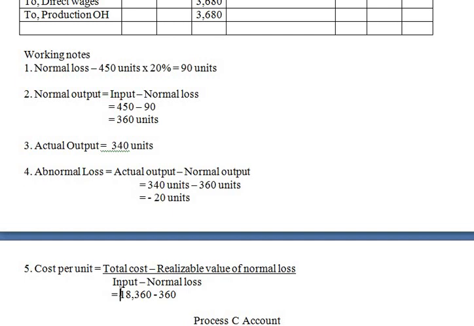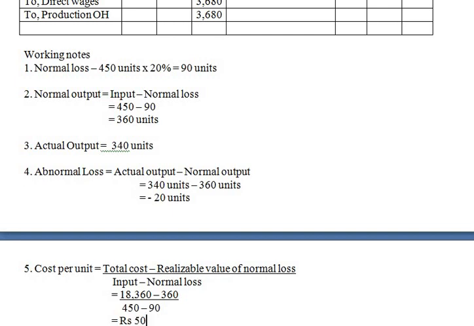Now that is divided by input is 450 and the normal loss is 90 units, which will be equal to rupees 50.